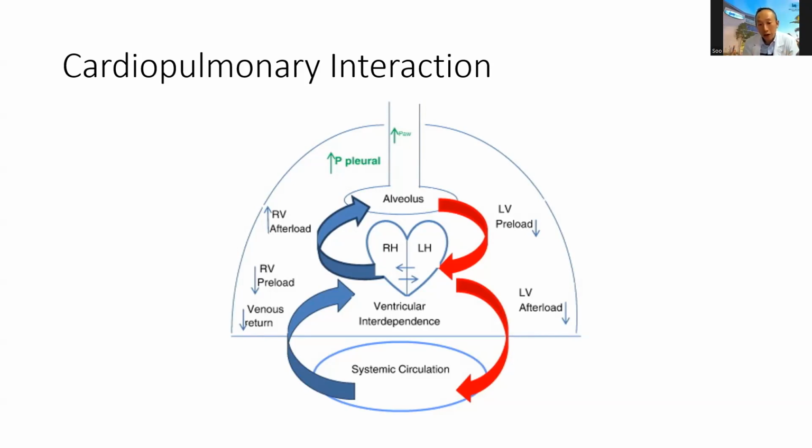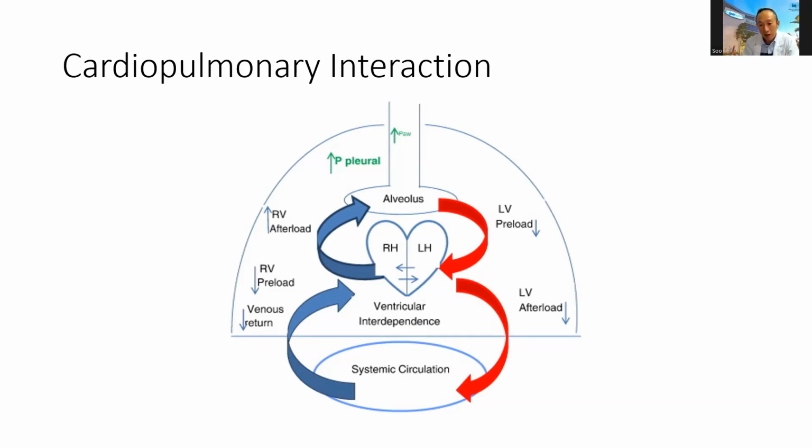You can reduce the amount of blood flow going to the lungs, hence reducing the amount of preload to the left ventricle. And then the left ventricle, which is very weak, very dilated, has a chance to shrink in size and improve in contractility.